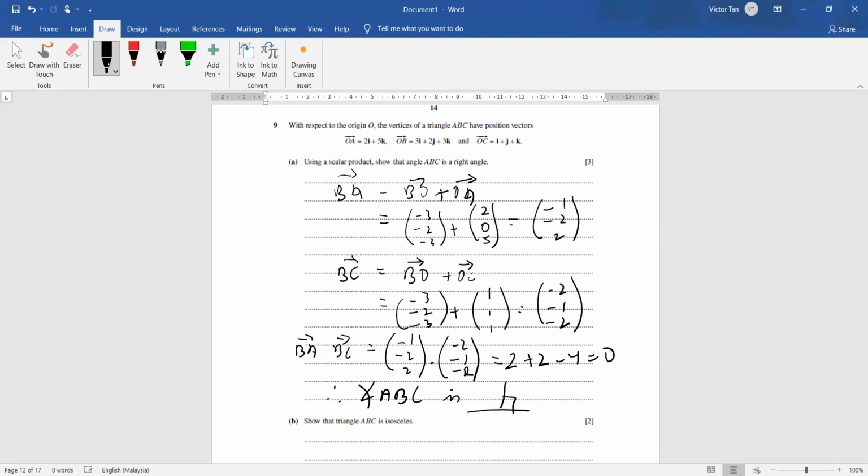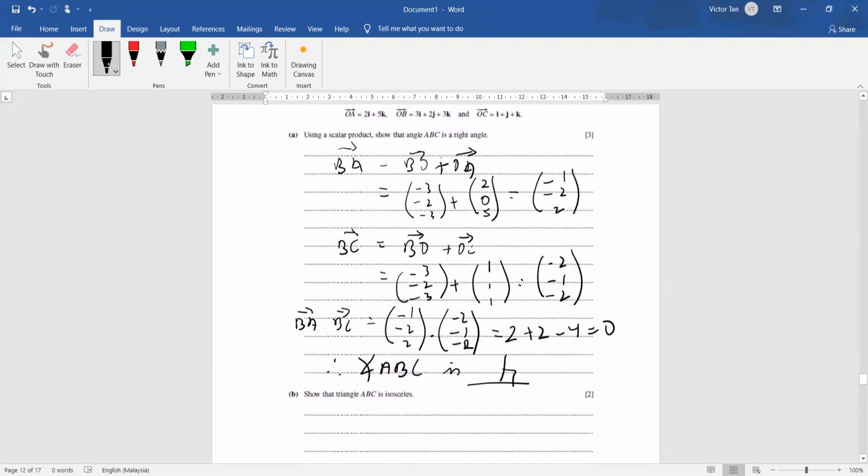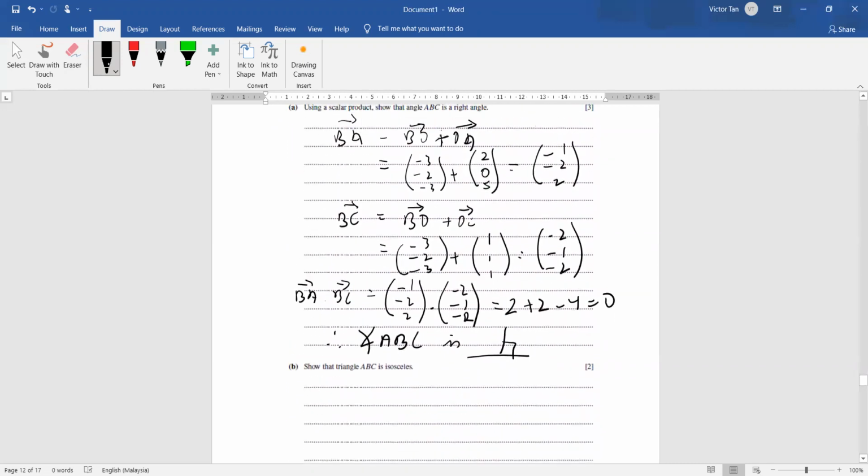Show that triangle ABC is isosceles. So you must show that the lengths AB and BC are equal.